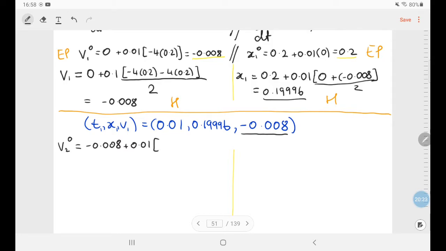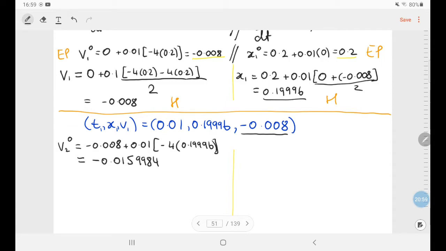The slope of v is minus 4 times x, but now the previous x is 0.19996, which is better than last time. So we get minus 0.008 plus 0.01 times minus 4 by 0.19996. I do appreciate this is very tedious. It's very tedious for me too. It comes out as minus 0.0079984.